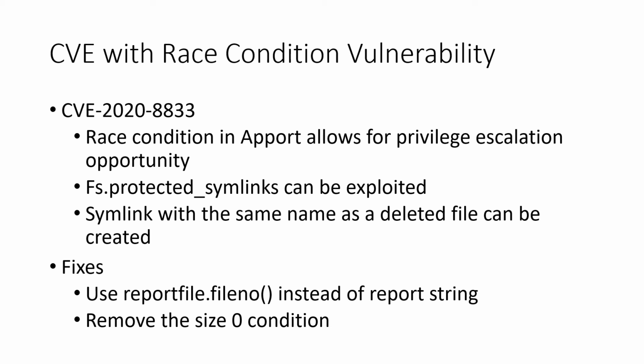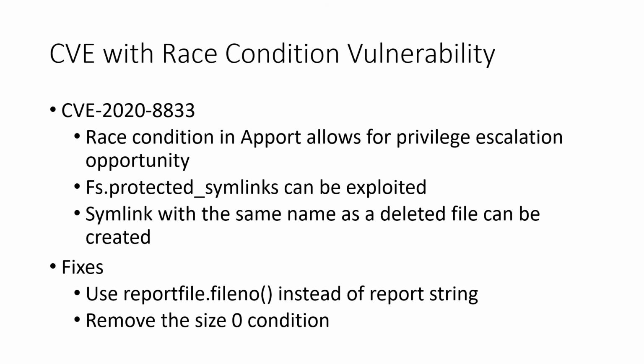This can lead to a possible privilege switch. So if fs.protected_symlinks is disabled, then there can be exploits between the os.open and the os.chown calls when the apport cron script clears out any empty crash files. A symlink with the same name as a deleted file can then be created, changing the file owner, which is actually where that race condition occurs.